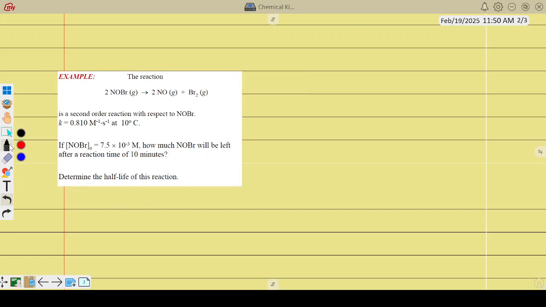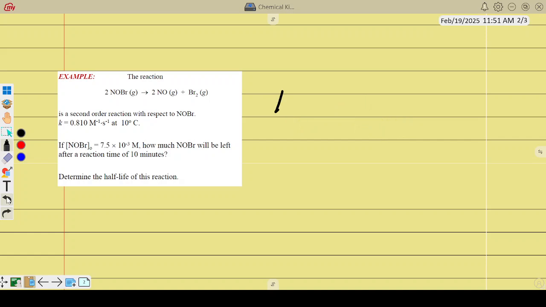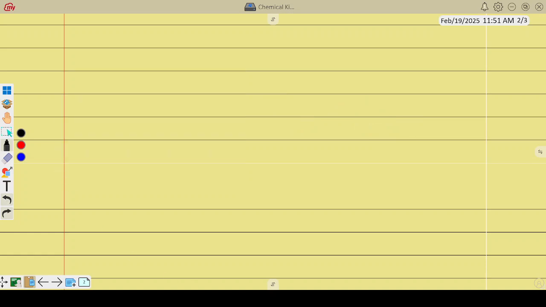For this second order reaction, you know the half-life is 1 over 2, and then 1 over k, and then times the concentration. So k was given here, 0.81, and then also the initial concentration was given. So you can calculate the half-life by just substituting. So now we wind up.